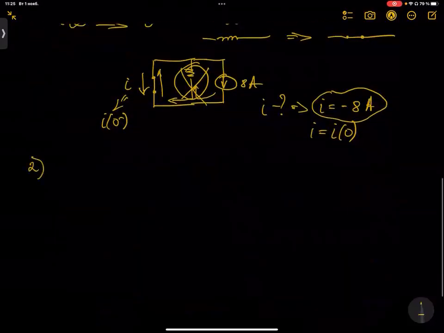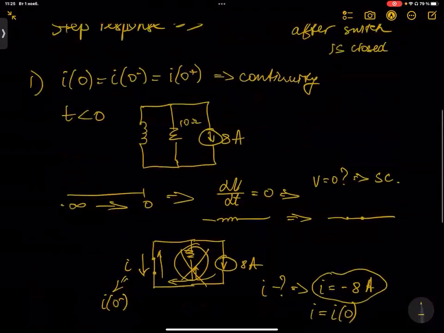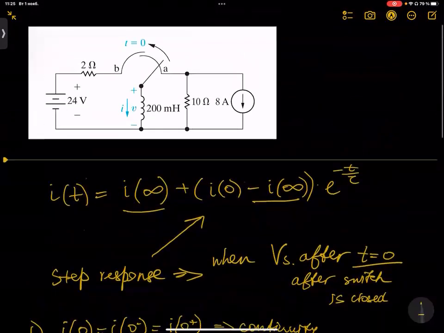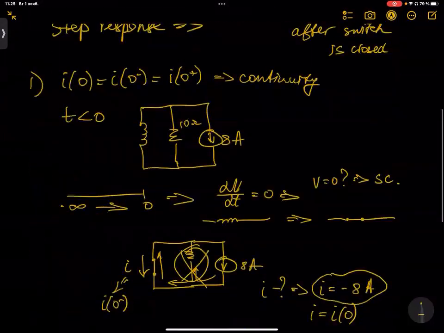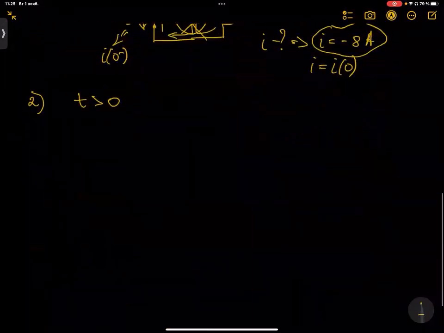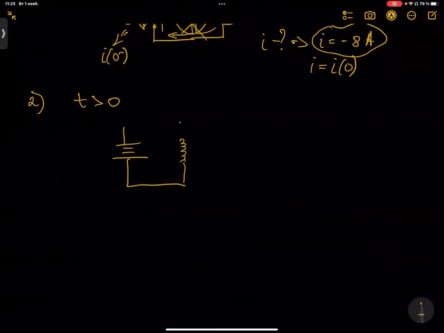Now let's consider the case when t is bigger than 0, I mean the case when the switch moves from A to B. Let me redraw the diagram. So we have here an inductor and a resistor.